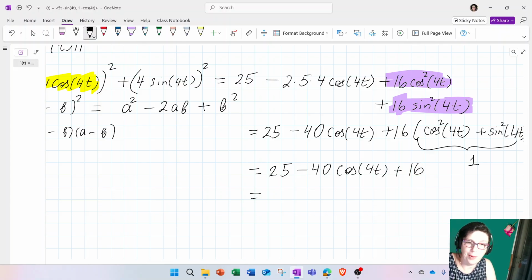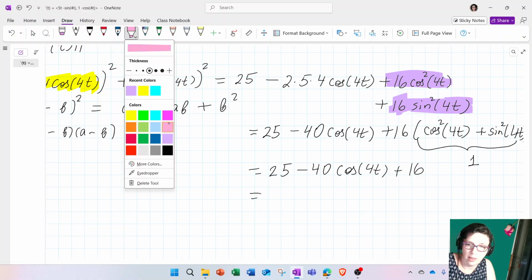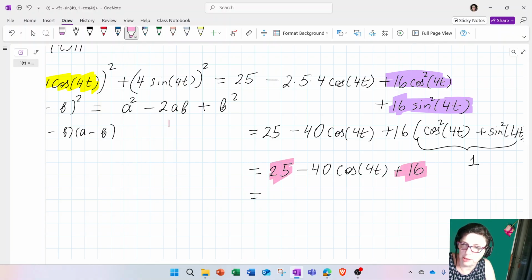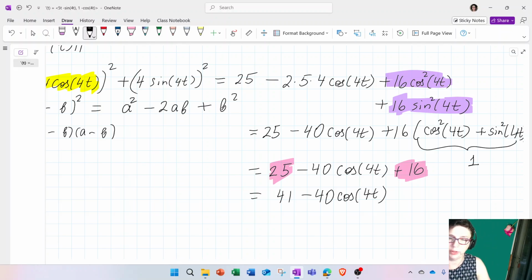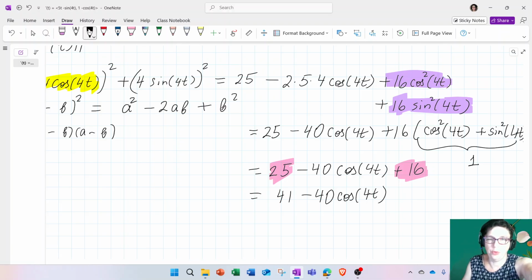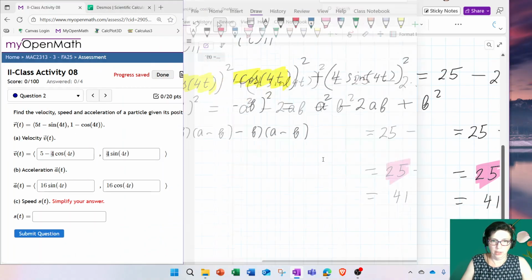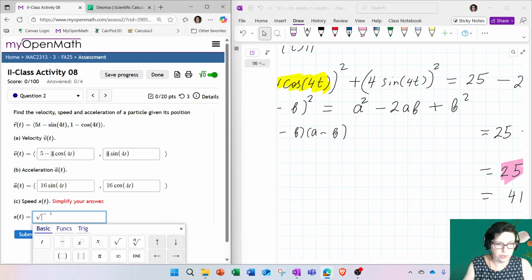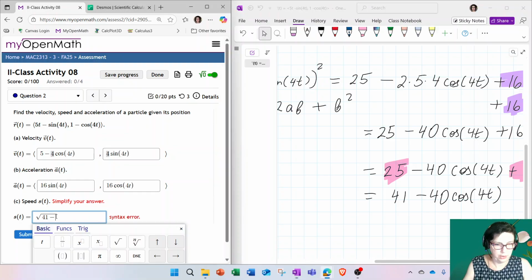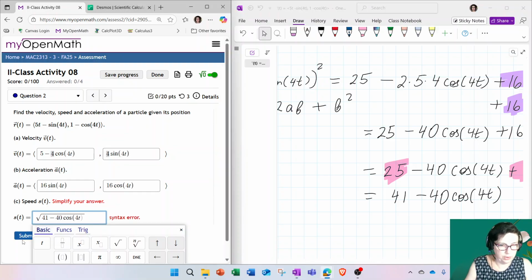And now we can combine the 25 and 16 into one term. What is 25 plus 16? This is going to be 41, right? Minus 40 cosine 4t. And remember that I did not want to carry around that square root, so I'll just put it at the end. So this is going to become the square root of 41 minus 40 cosine 4t. So let's see if that's right.